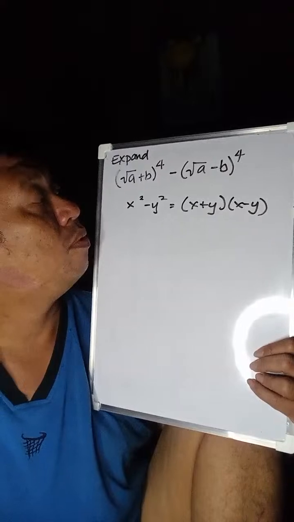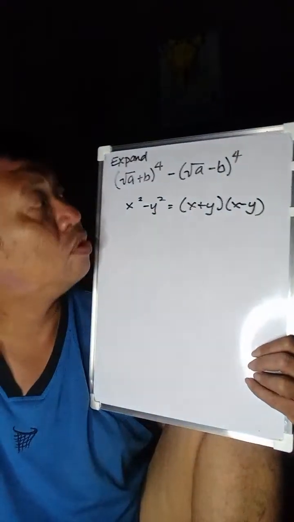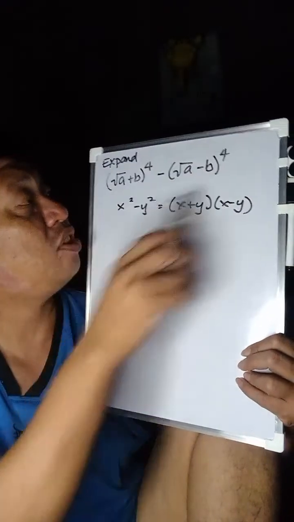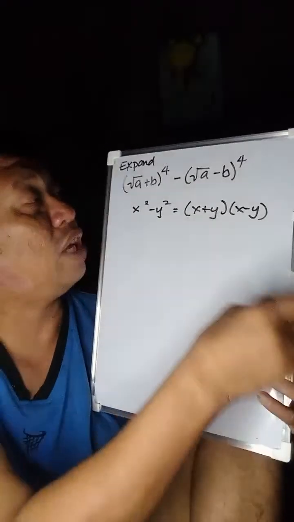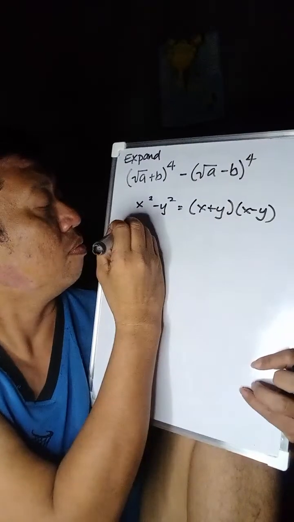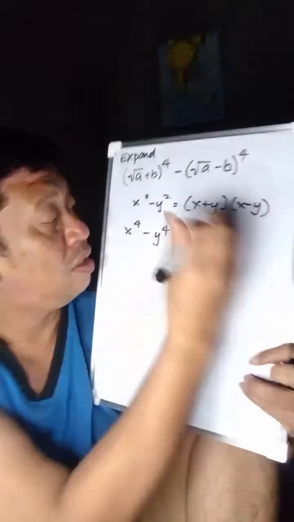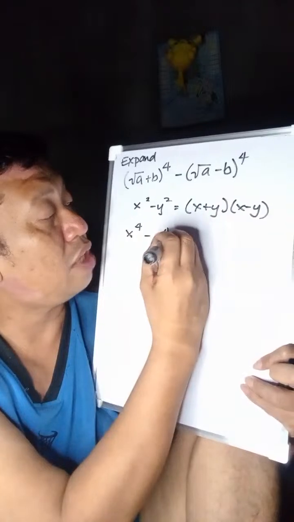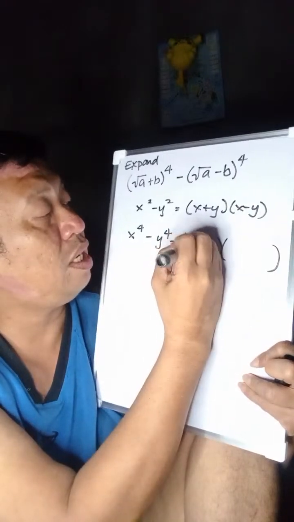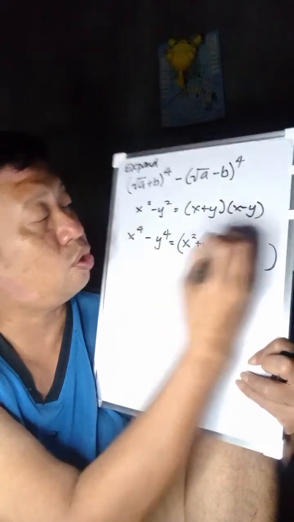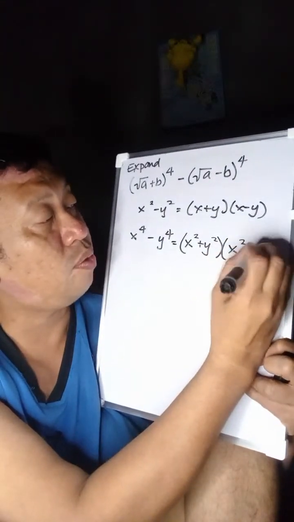So we will first factor out these expressions. This entire binomial is the x, and this entire binomial is the y. So it will look like this. Now, if I extract its factors, it will be x squared plus y squared, then x squared minus y squared.